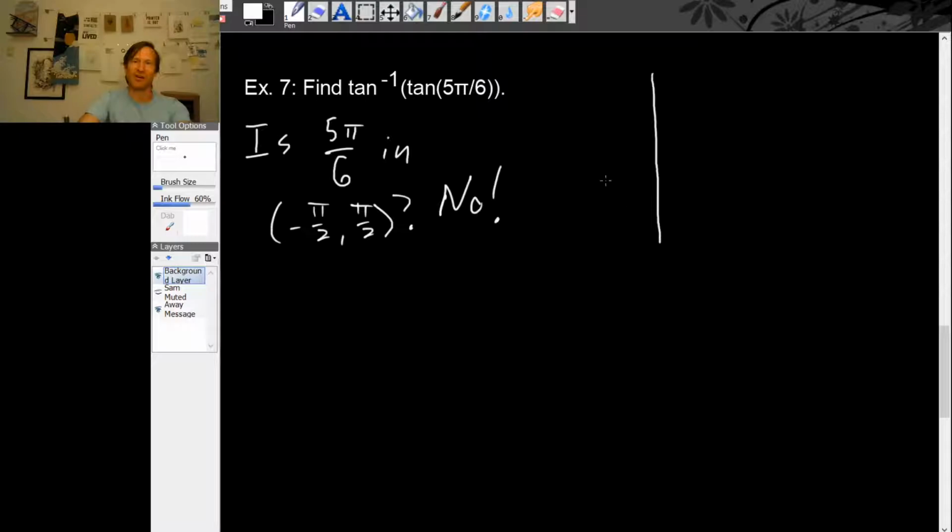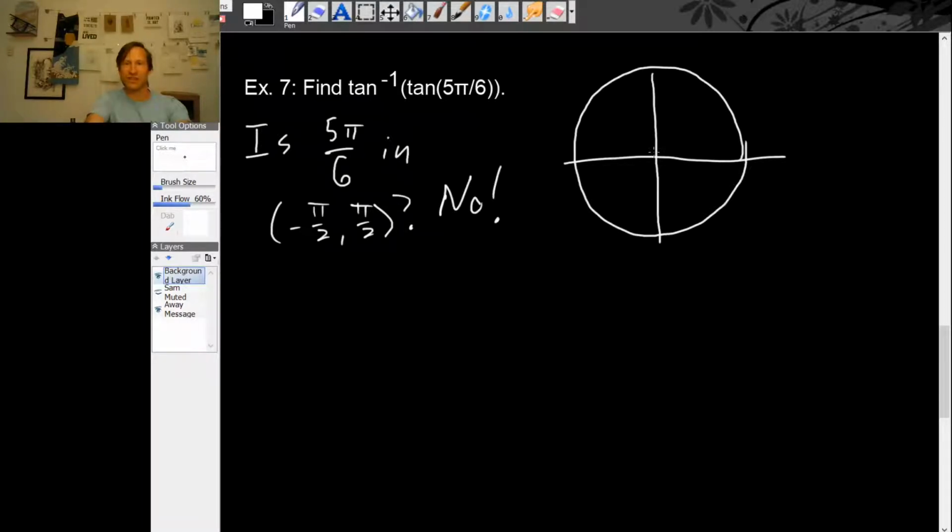So let's draw the most important diagram. The angle 5 pi over 6 is going to look something like that. Okay. And tangent is the slope of this terminal side. So here's the line that has that slope.